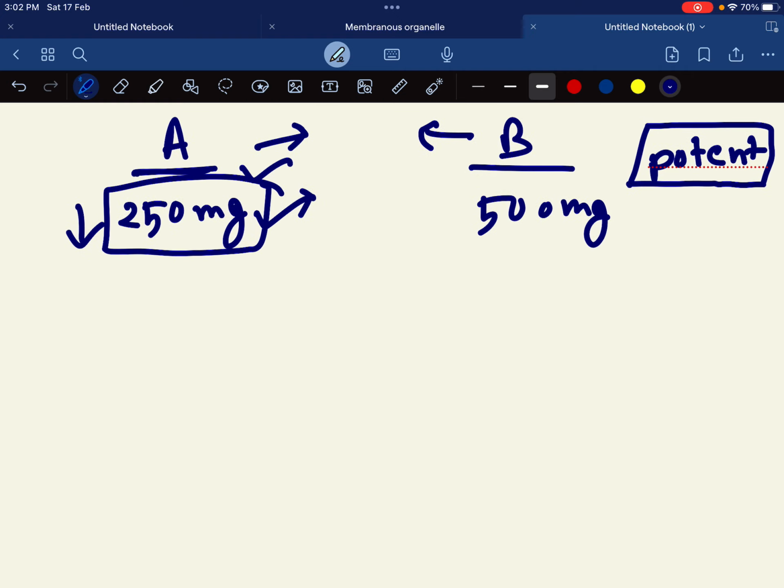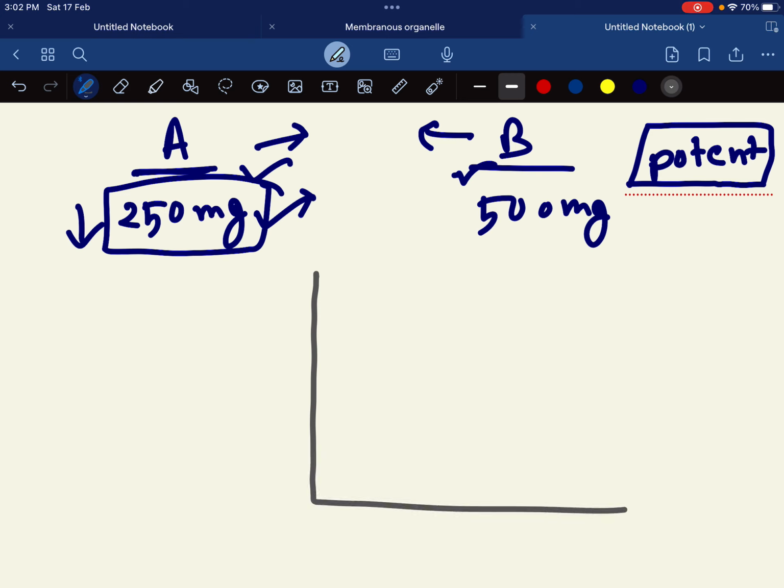So the same example can be plotted in a dose response curve. Say I am taking the curve for A. You will see that this is dose and this one is response.